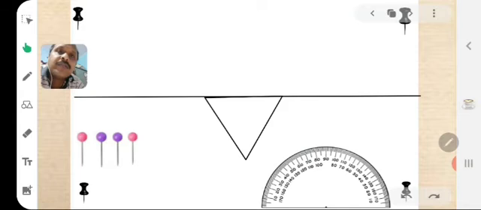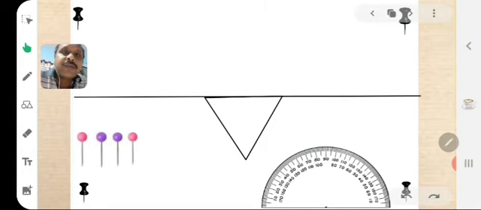Once the outline has been drawn, as I told you that it is an equilateral glass prism, so obviously the outline will be that of a triangle. So this outline has been shown, and now we shall begin with the basic procedure.